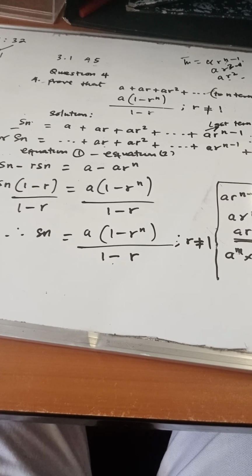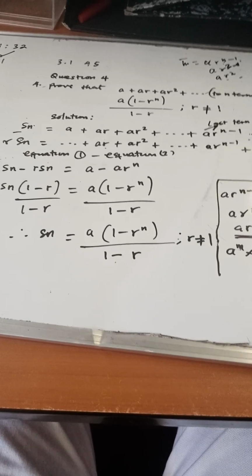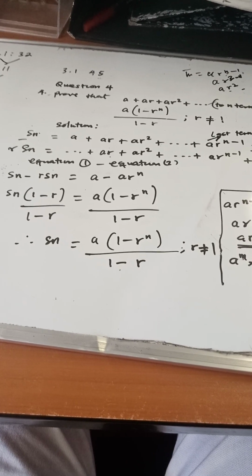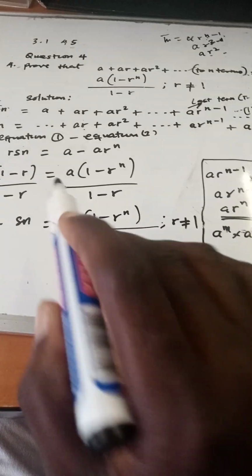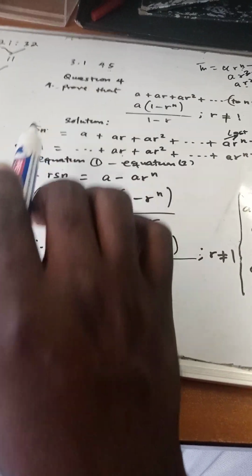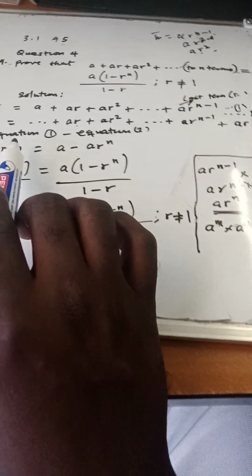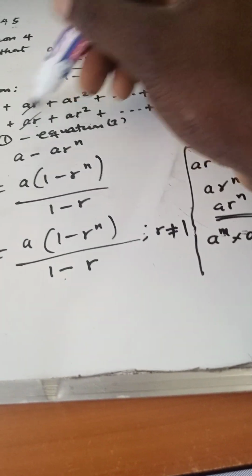So you subtract now according to the question. We are supposed to find the equation there. So we say subtract equation 2 from equation 1. So now I did it this way. I say Sn, that is from equation 1, minus rSn is equal to, now you can see that this ar will cancel the ar because we are subtracting.